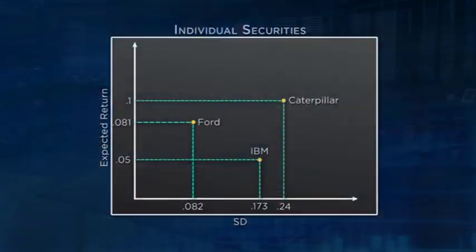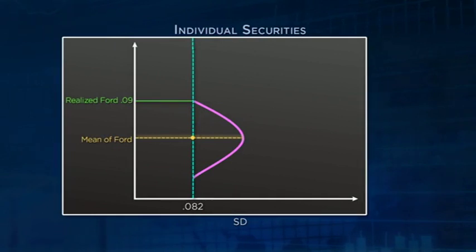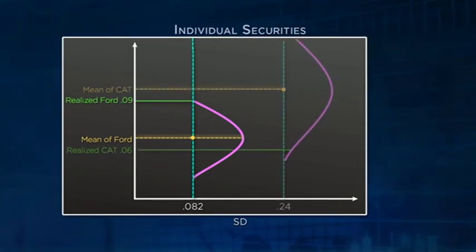In this case, the expected value is 0, and it's also not one of the two possible values on any one flip. For securities, even though the expected return for Ford is lower than the expected return for Caterpillar, the return actually realized for Ford in one period may be actually higher than that realized for Cat.